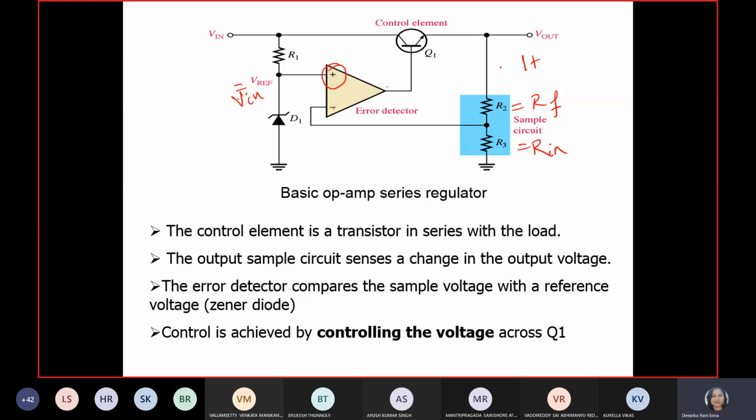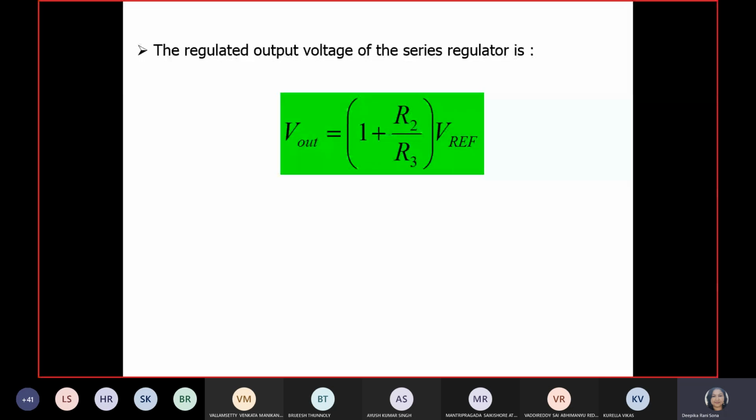So tell me in terms of this, V out equals 1 plus R2 by R3 into V in. V in or V reference? Yes, V ref. Yes, we may get the output like this. That's what has been shown here.